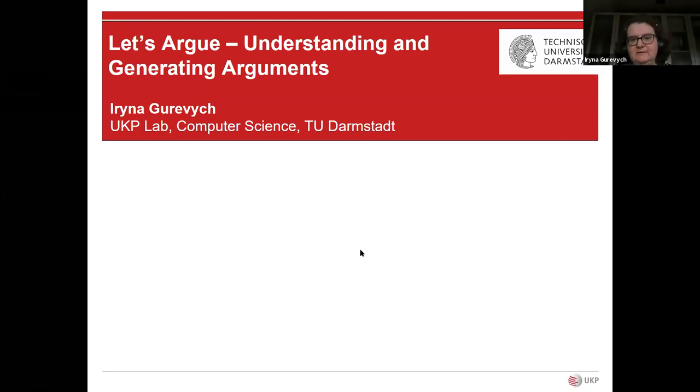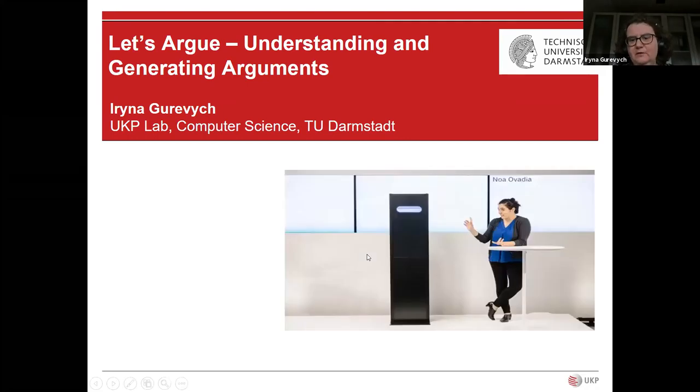So some of you might be familiar with this image. If not, this is an image of a system which was presented about 2 years ago by IBM, an automatic debater called IBM Debater, which is capable of carrying out a debate with a human.